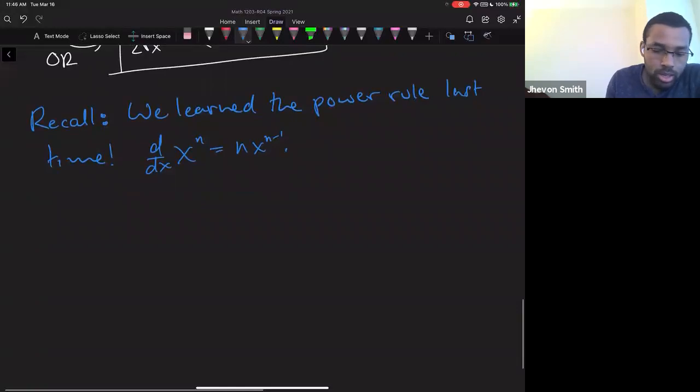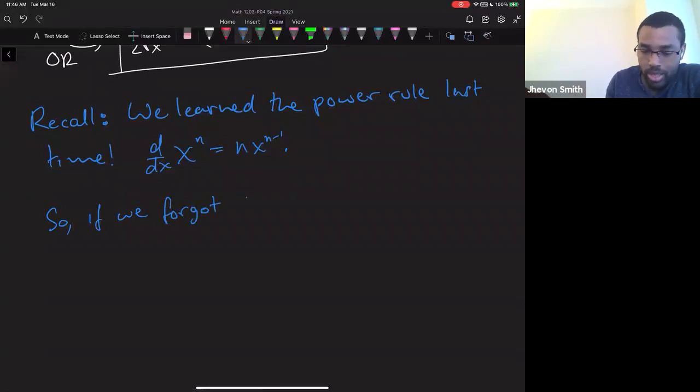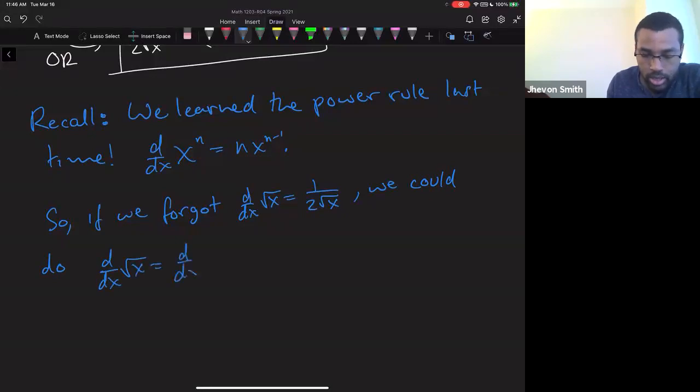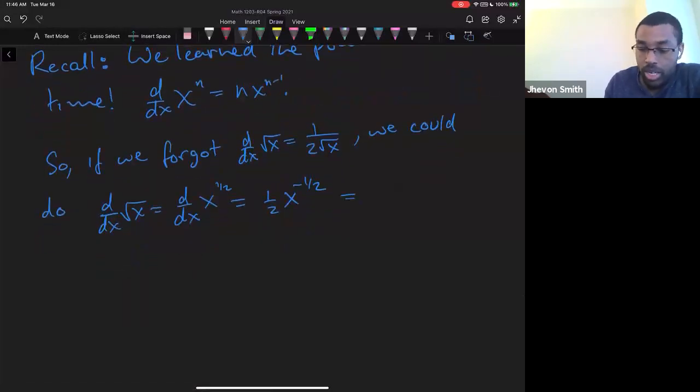So if we forgot, for whatever reason, that d dx of the square root of x was 1 over 2 rad x, we could say d dx of rad x is just d dx of x to the 1/2, and then apply the power rule. Or you could have that as 1 over 2 rad x.